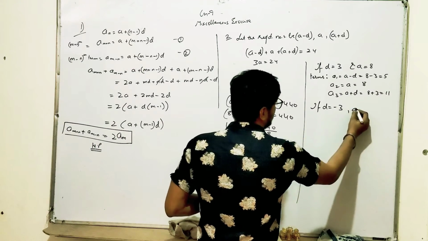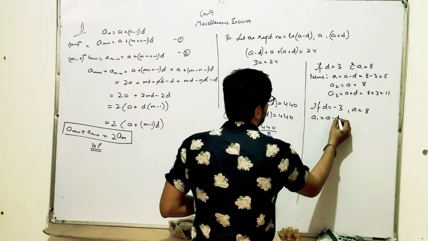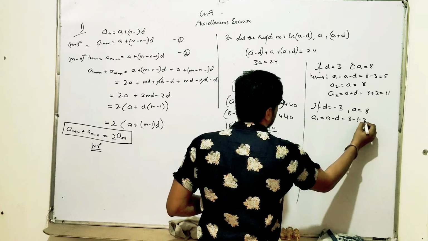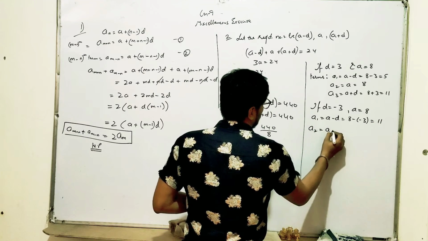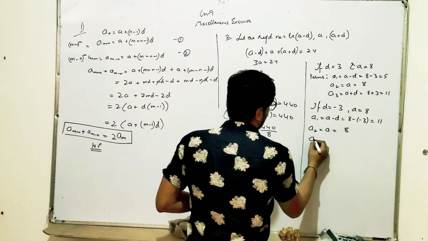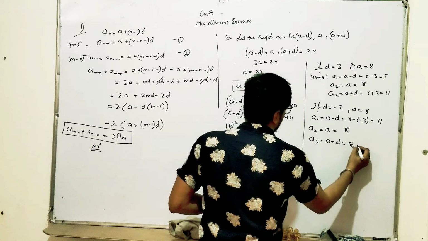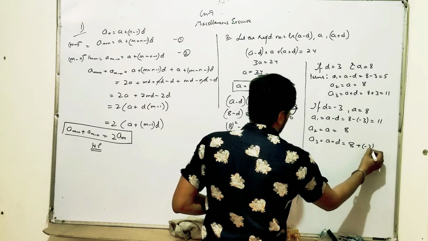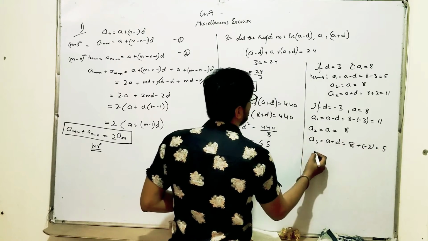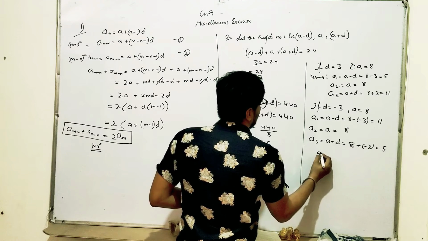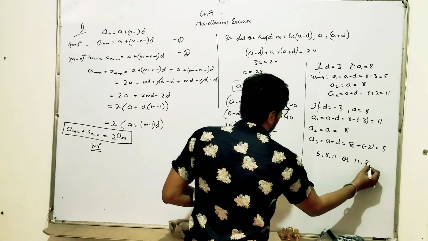And a is 8, so a1 is equal to a minus d, 8 minus of minus 3, 8 plus 3 is 11. a2 is equal to a, which is 8. a3 is equal to a plus d, 8 plus minus 3, which is 5. So the required AP can be 5, 8, 11 or 11, 8, 5.